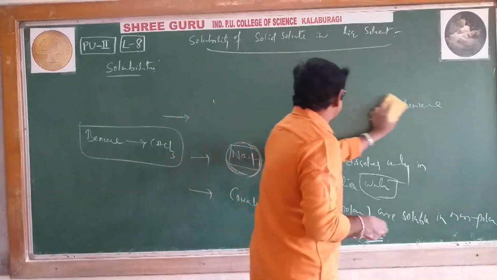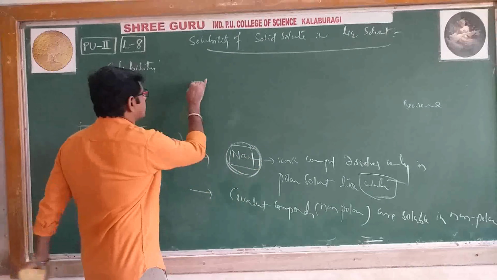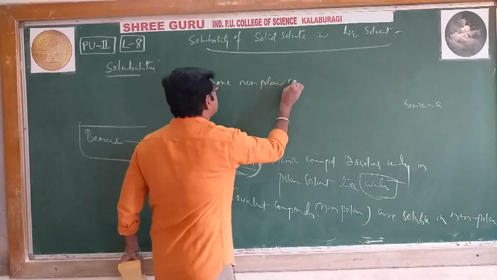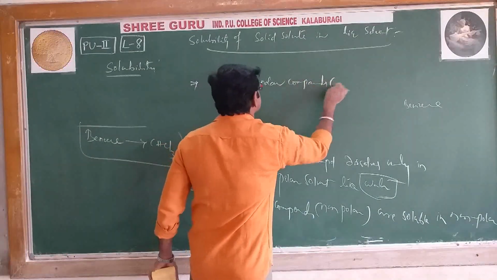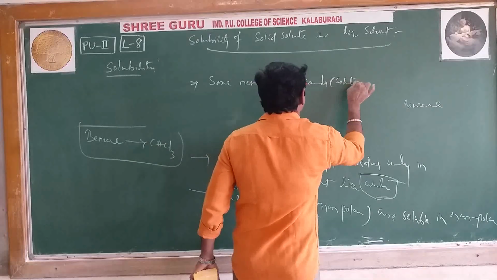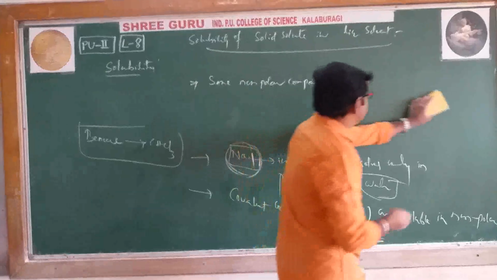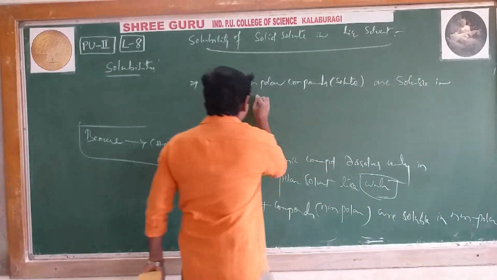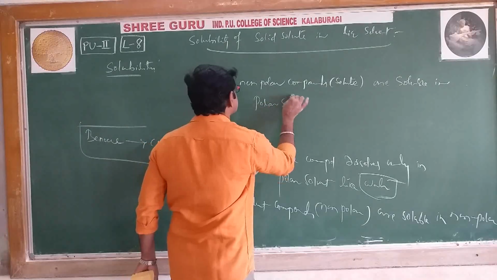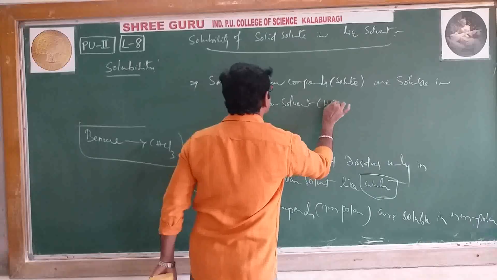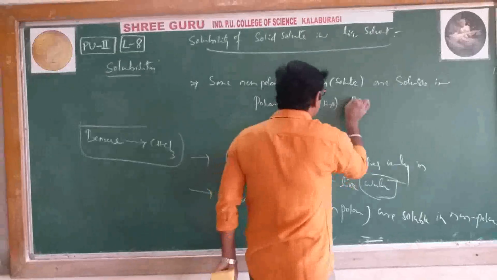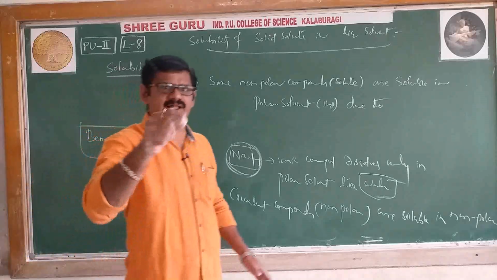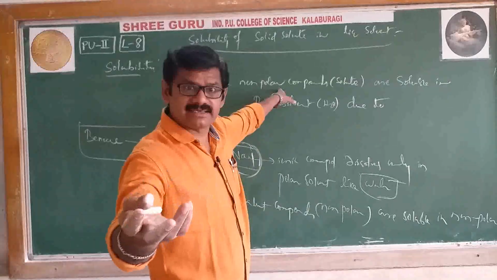Then sometimes some exceptional cases will be there. Some non-polar compounds, nothing but solutes, are soluble in polar solvents like water. Your question arises here: just now we have discussed like dissolves like, and again here like dissolves like is becoming a reverse.